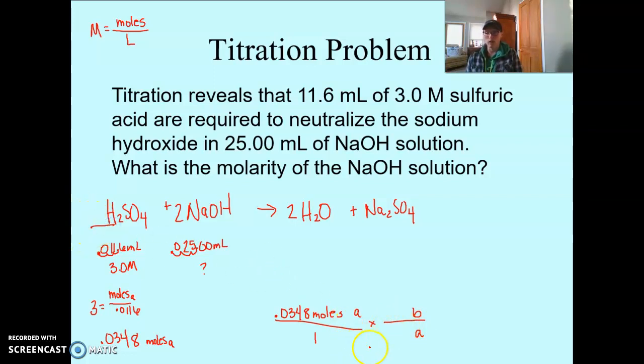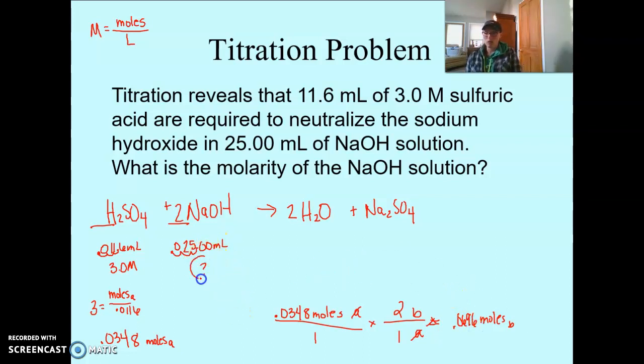The acid has a 1 in front of it. The base has a 2 in front of it. And so we have that there, and the acid will cancel out. We're going to equals, and we're going to end up with moles of base, which is NaOH in this situation. So simply multiply by 2, and we get 0.0696. Now we have the moles of the base.